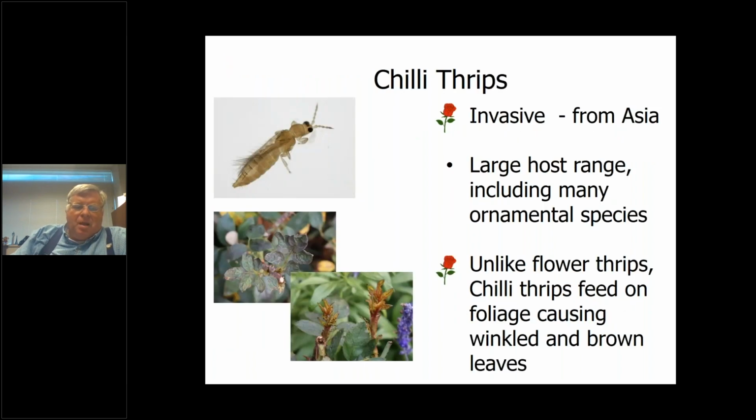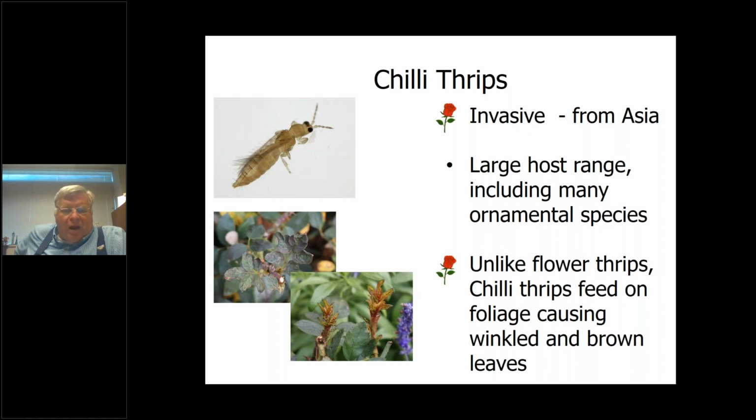A problem that happens in some of our warmer parts of the country, unfortunately, is chilli thrips. These are from Asia, very invasive. They have a large host range that includes many ornamental and vegetable species, including roses.